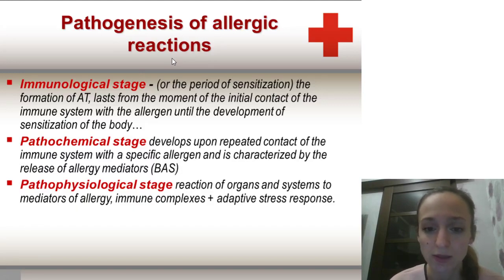This stage develops upon repeated contact of the immune system with a specific allergen, and is characterized by the release of allergy mediators. And the pathophysiological stage: the reaction of organs and systems to different mediators of allergy and immune complexes, and adaptive stress response.